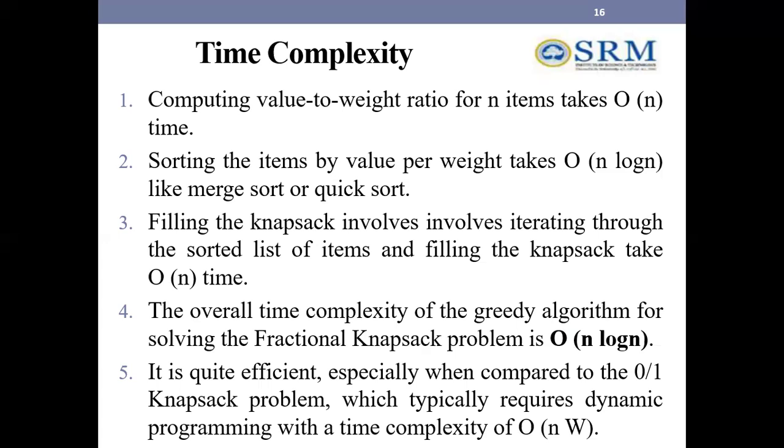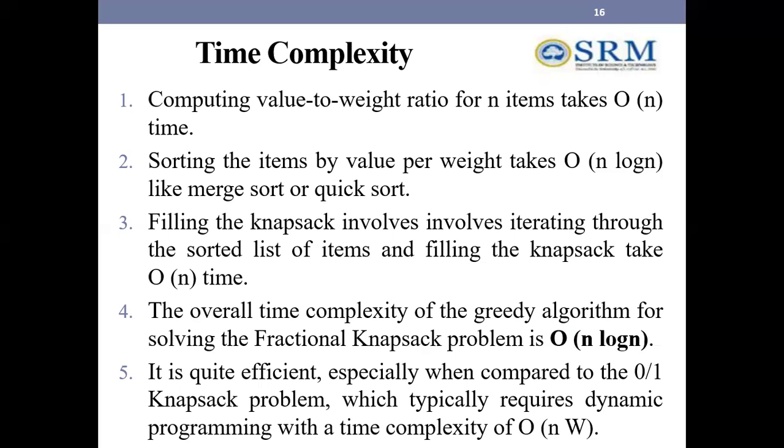If we use the divide and conquer approach, merge sort and quick sort take only order of n log n time. If we go for insertion sort or bubble sort, it takes order of n squared, quadratic time complexity. So we are taking the best case for sorting, that is using quicksort and merge sort, which takes order of n log n.